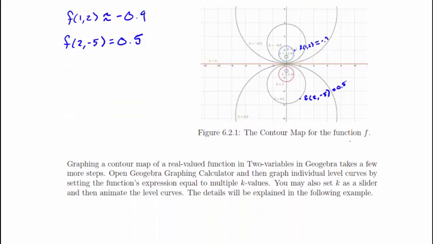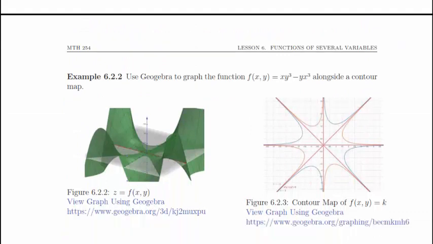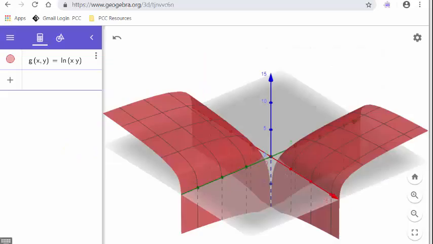So I've got a few quick directions for how we're going to do this in GeoGebra, which I'm going to go through in a lot more detail as we actually do the example here, example 6.2.2. So let's start by opening up GeoGebra. I still have this open.